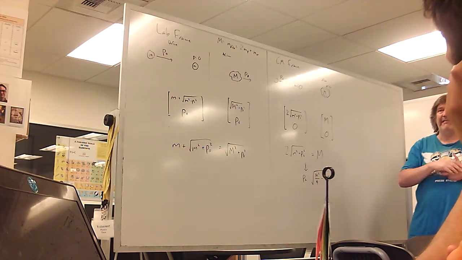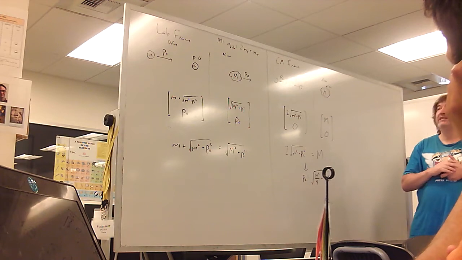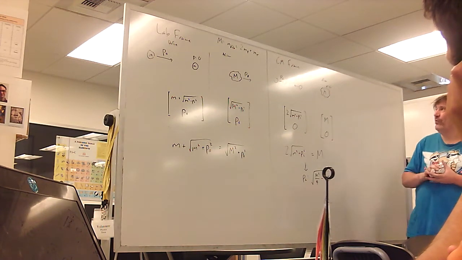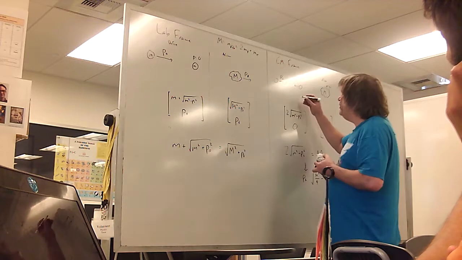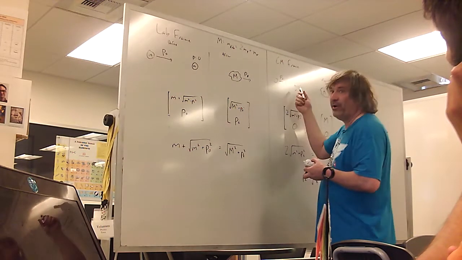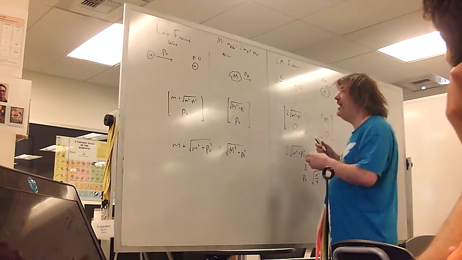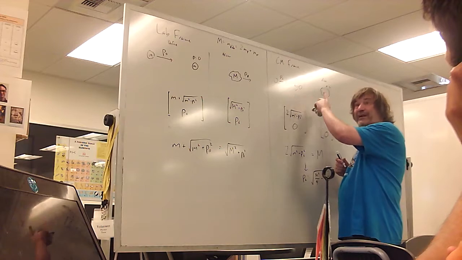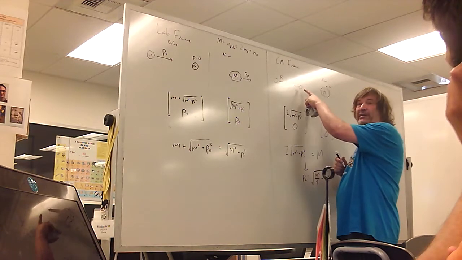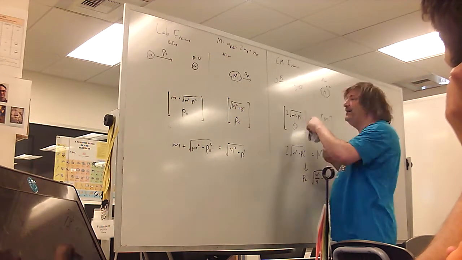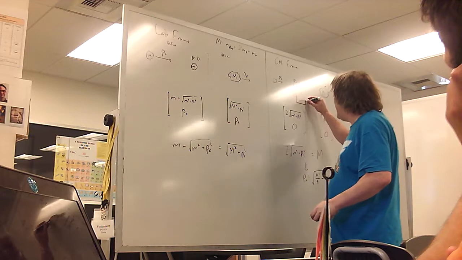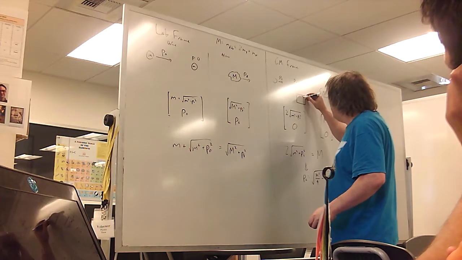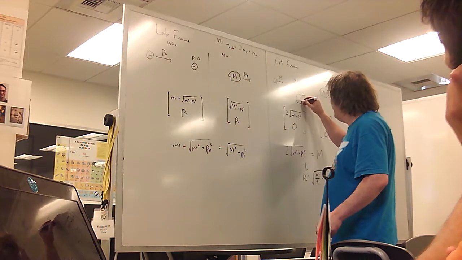What's my setup in my center of mass frame? The 2 protons are going at each other. I'll call this PCM or P2 or whatever. It's a different amount of momentum than we had over here. What's it look like after the collision?